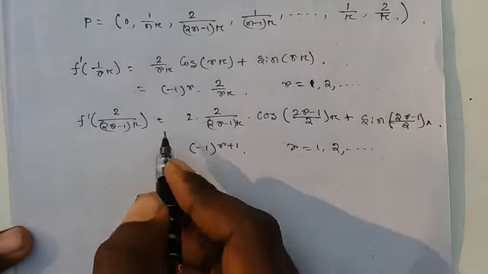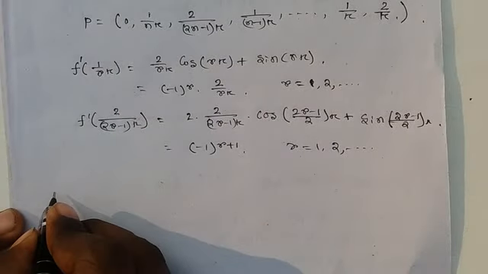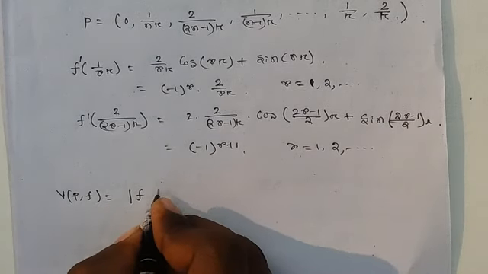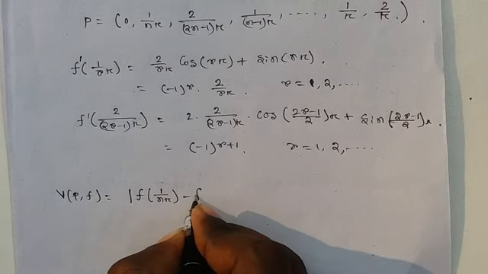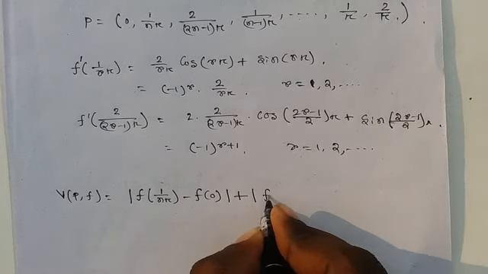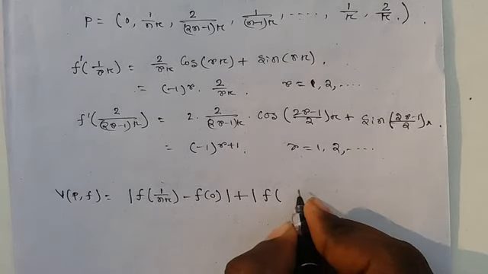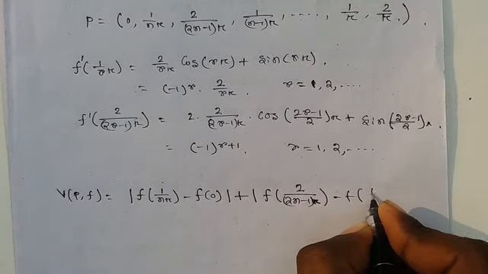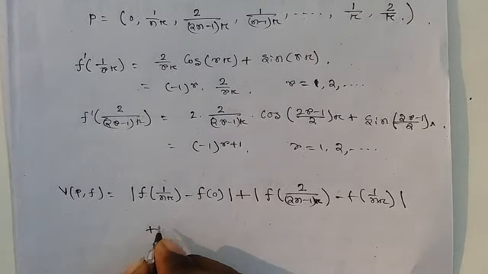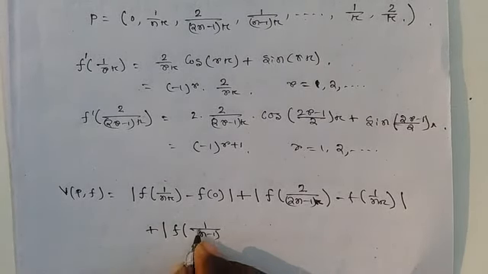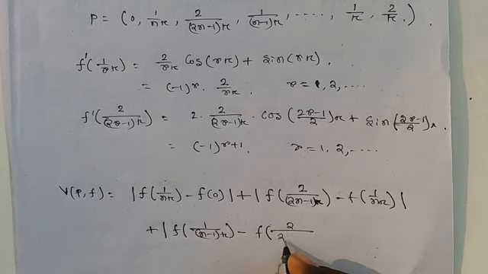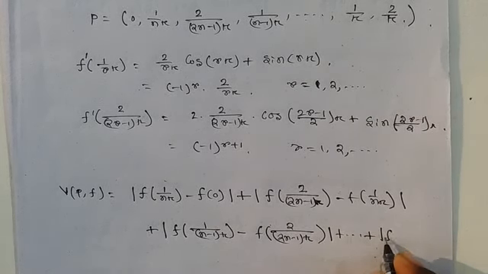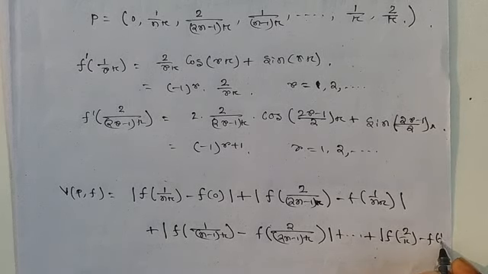Now for these partitions, V of P, f becomes mod of f of 1 by n pi minus f of 0, plus mod of f of 2 by 2n minus 1 pi minus f of 1 by n pi, plus f of 1 by n minus 1 pi minus f of 2 by 2n minus 1 pi, plus and so on, up to f of 2 by pi minus f of 1 by pi.